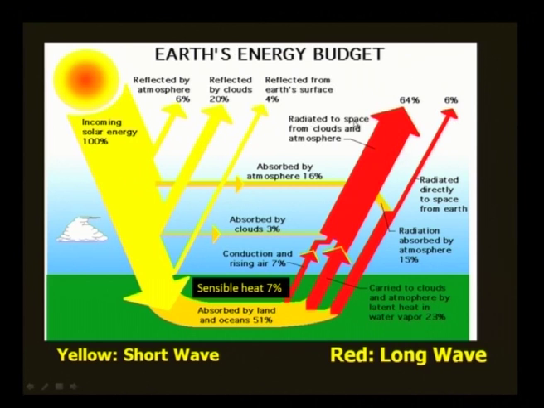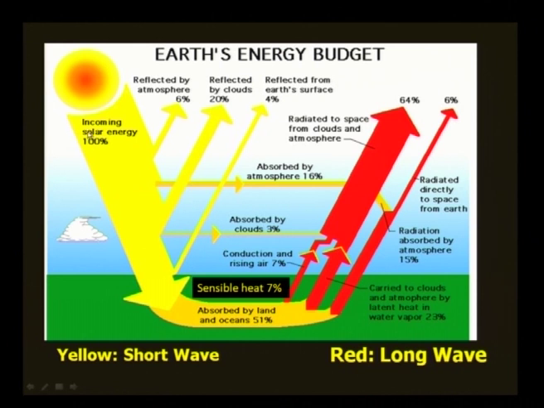So, the radiation to space from clouds and atmosphere is 64%, the radiation absorbed by the atmosphere is 15% and radiated directly to space from earth is 6%.